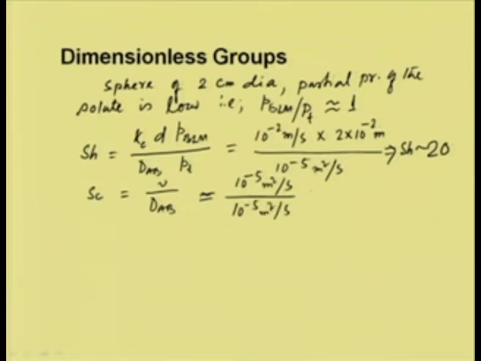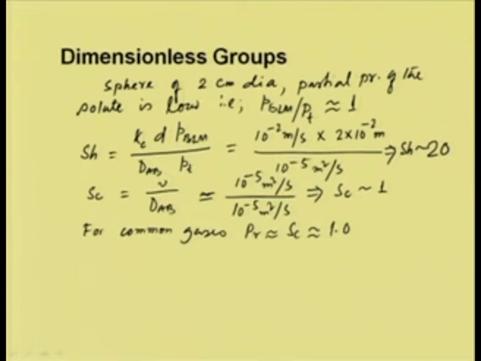From this we can obtain the Schmidt number is approximately equal to 1. For common gases, with these values, the Prandtl number is equal to the Schmidt number, which is equal to 1.0.